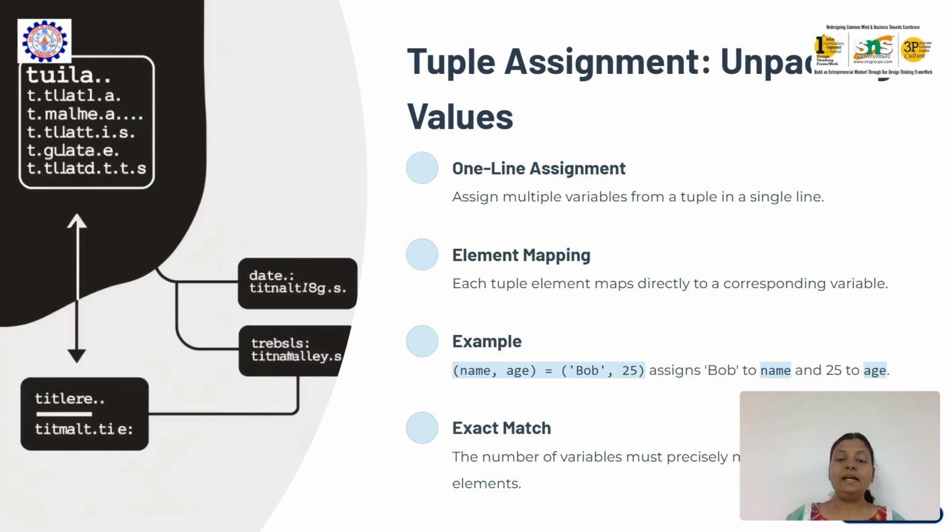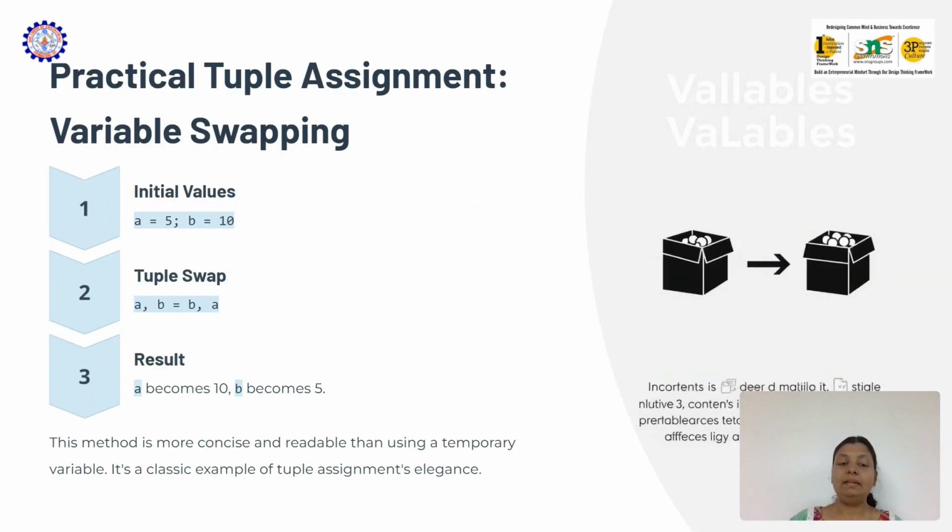Each tuple element maps directly to a corresponding variable, like this. Example: name, age equals Bob, 25 assigns Bob to name and 25 to age. Exact match: the number of variables must precisely match the tuple elements.